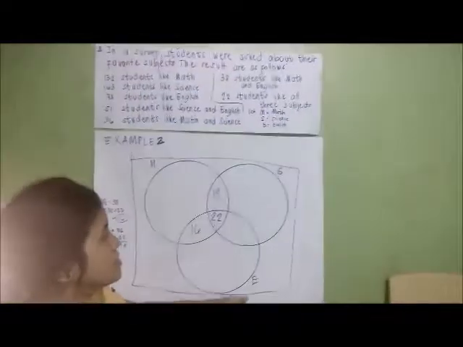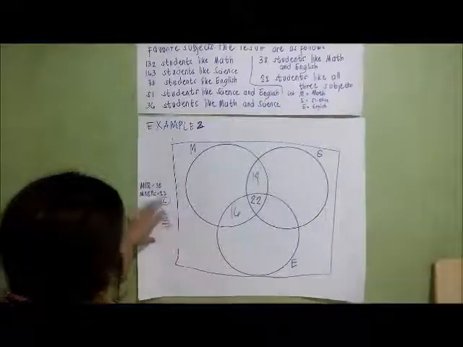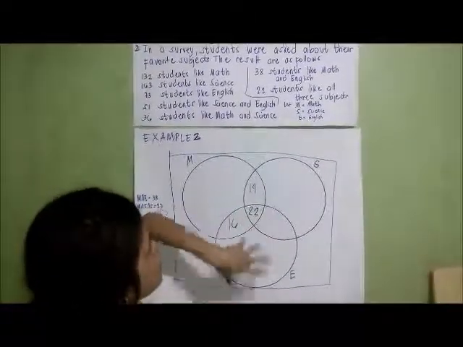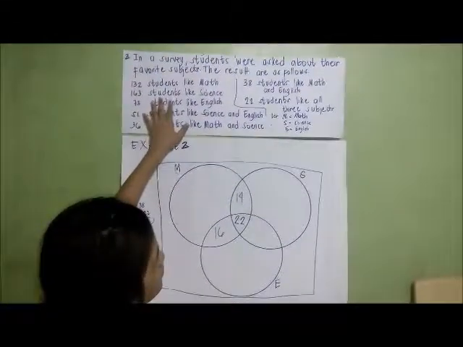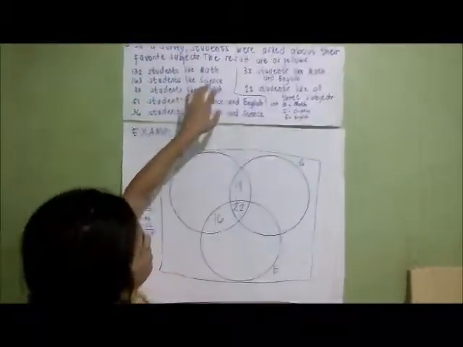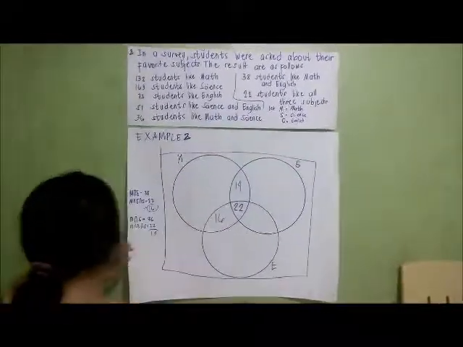For the number of elements in the intersection of set S and set E, the same process. We should subtract the given elements in the problem from the intersection of the three subjects, which is 22.